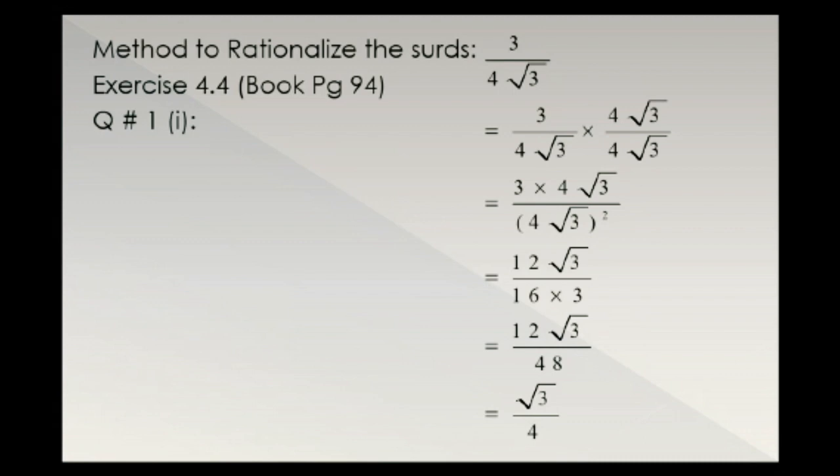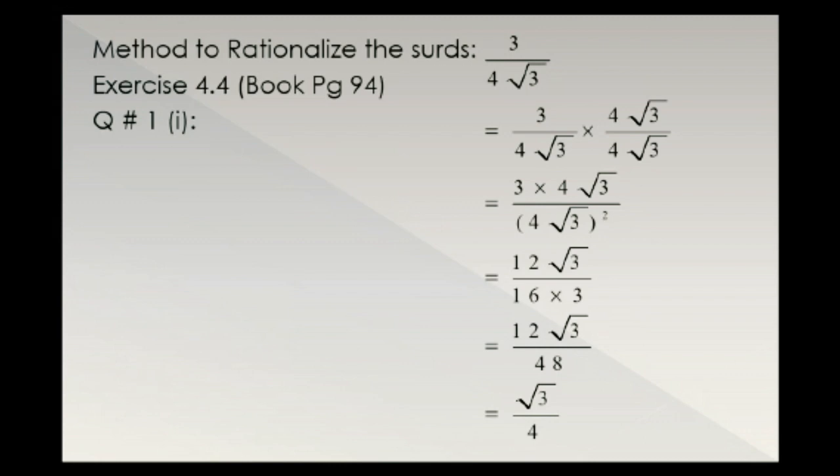Simply what we will do: because it is a monomial, whenever there is a monomial in the denominator, you multiply and divide by it with the given fraction. 3 over 4 under root 3 will be multiplied by the denominator 4 under root 3 and also divided by 4 under root 3. Again I am repeating, the monomial in the denominator is 4 under root 3, and that will be multiplied and divided with this fraction.